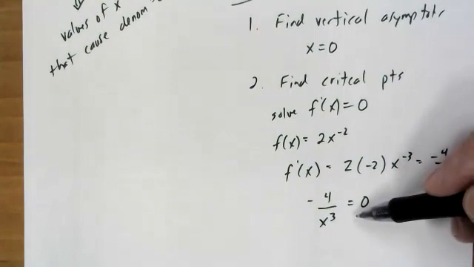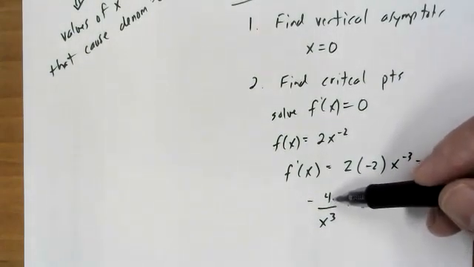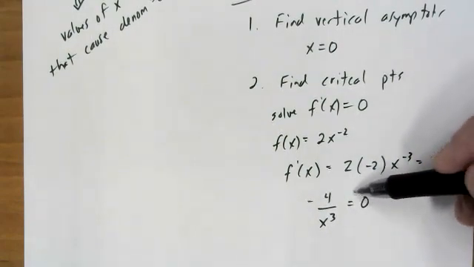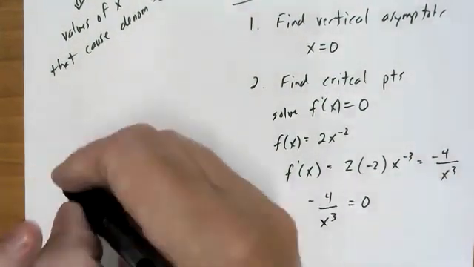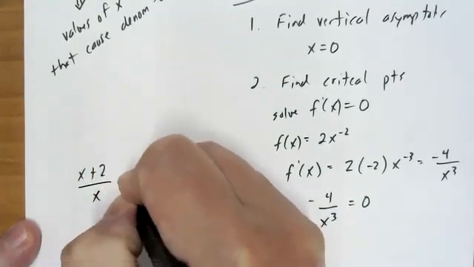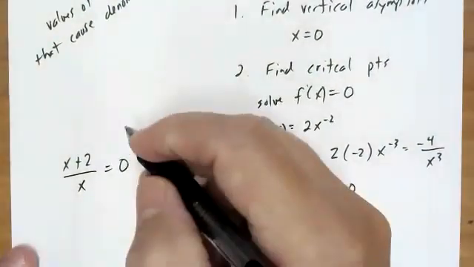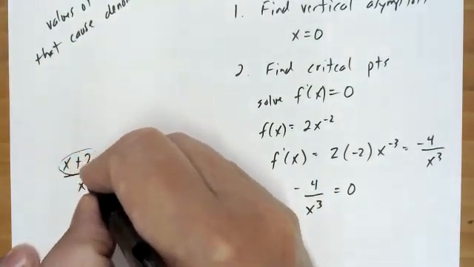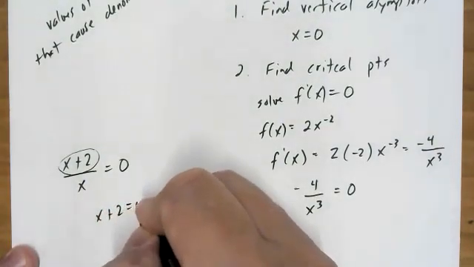One of the things I will tell you we're going to see is, anytime you have a fraction that equals 0 and you're trying to solve it, let me do an example. If I have (x + 2)/x = 0, a little shortcut is, for the solution, all you have to do is take the numerator and set it equal to 0.